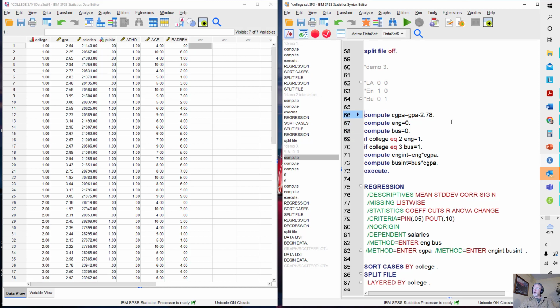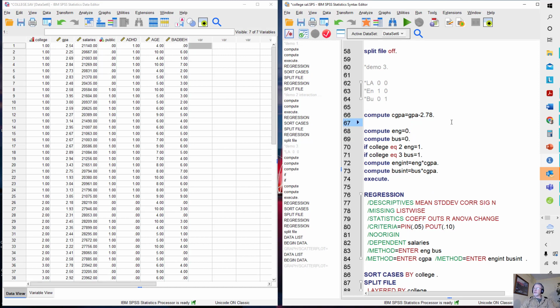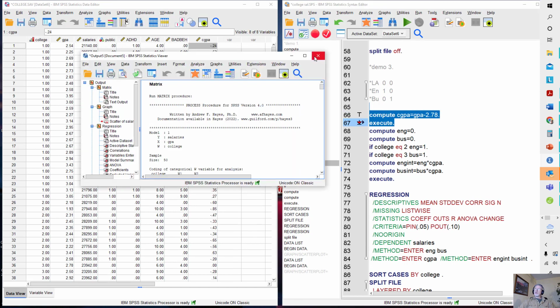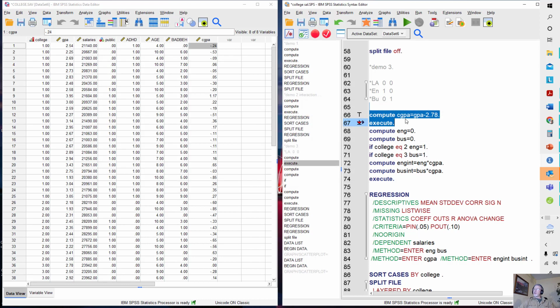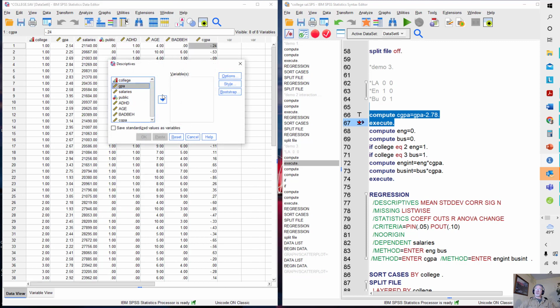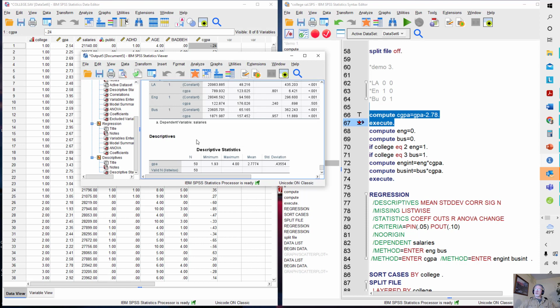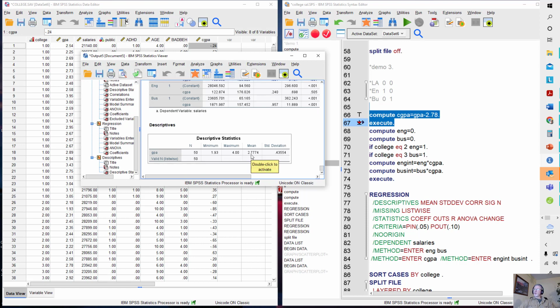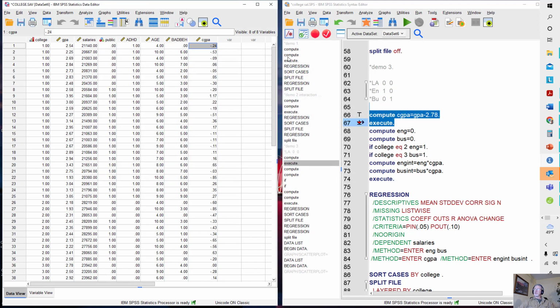Okay, I'm going to first go ahead and start by centering GPA. I'm going to take this step by step so you can see how it's working. I would first go to descriptives, look at GPA, find that my mean is 2.777, so I rounded it off at 2.78.